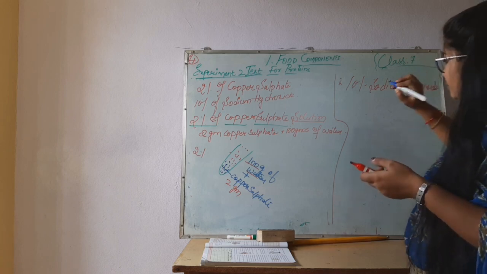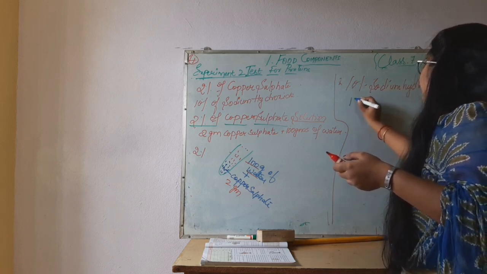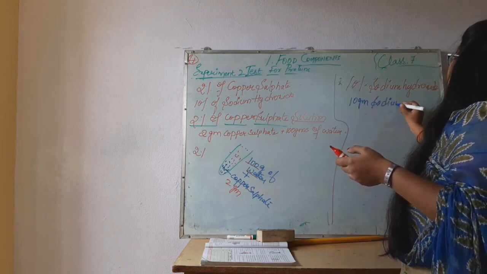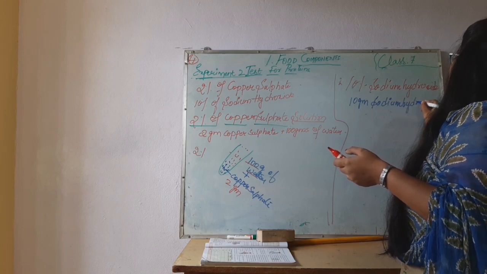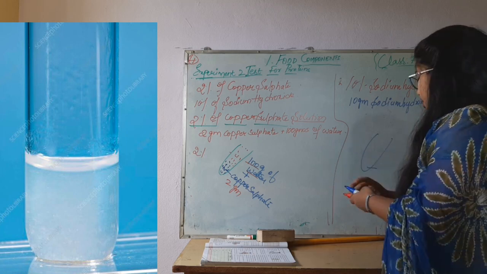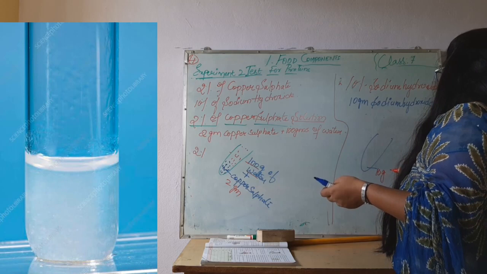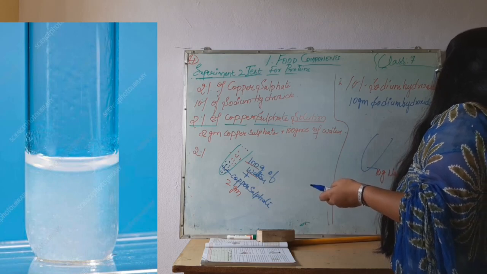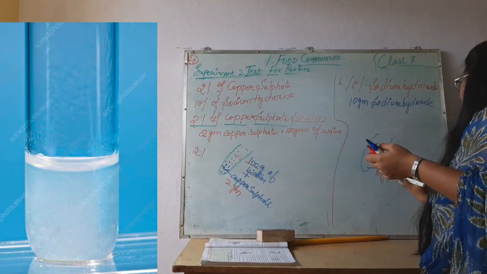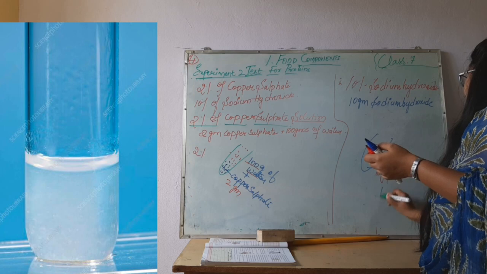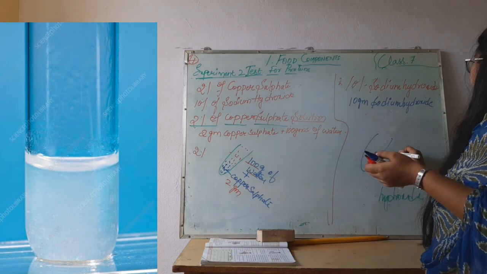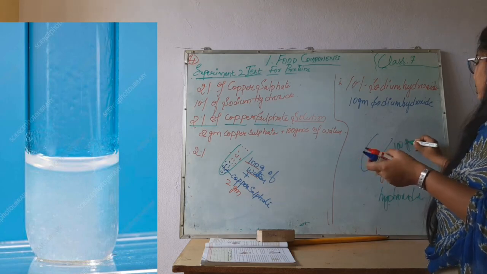See, take 10 grams of sodium hydroxide in a test tube. NaOH is nothing but sodium hydroxide. To that, you add 100 grams of water.